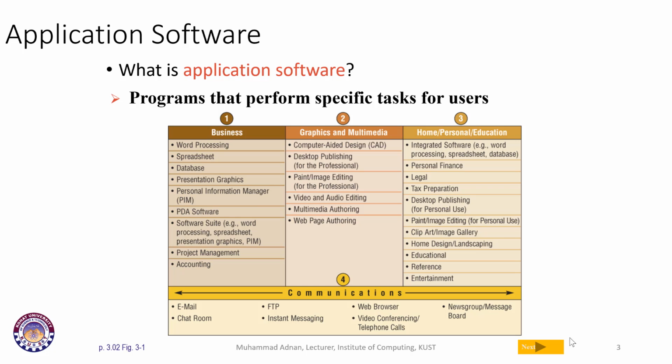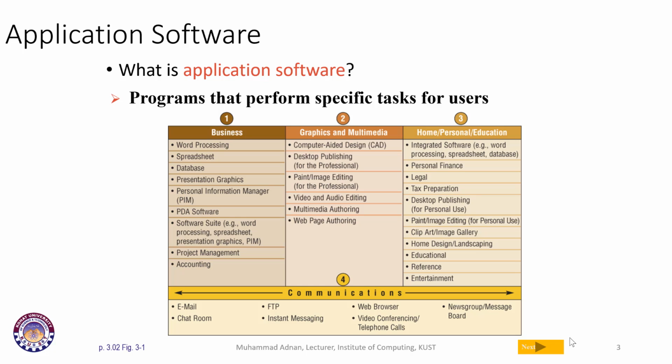For example, we use Google Groups, we use Schoology, and other types of software like YouTube is also used for educational purposes, and entertainment software. All these come under the category of application software.